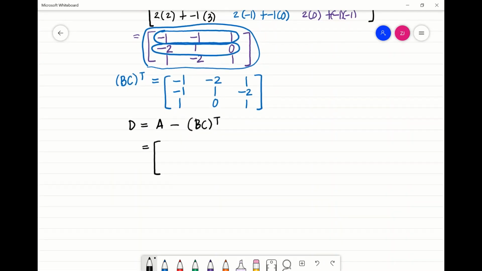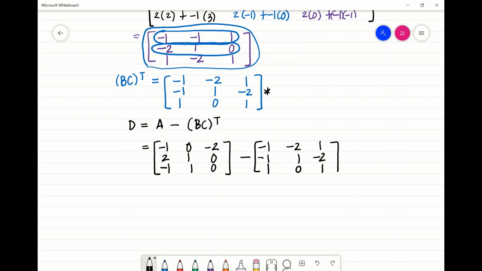So we will have -1, 0, and -2, 2, 1, 0, -1, 1, 0, minus the previous matrix that we got here. So we have -1, -2, and 1, -1, 1, and -2, 1, 0, and 1.